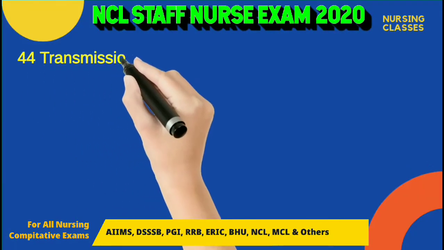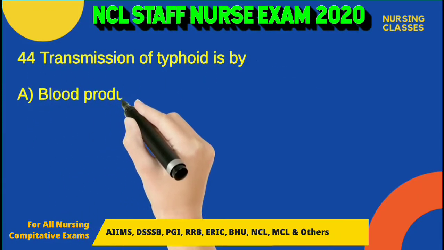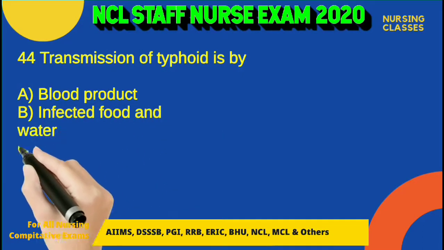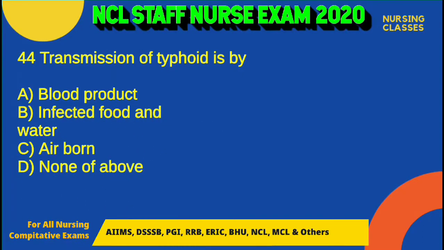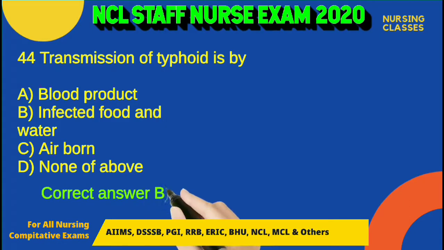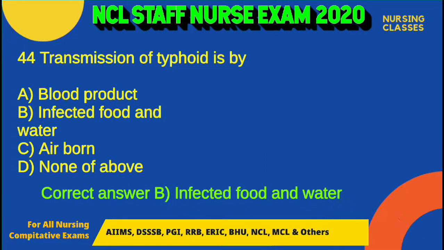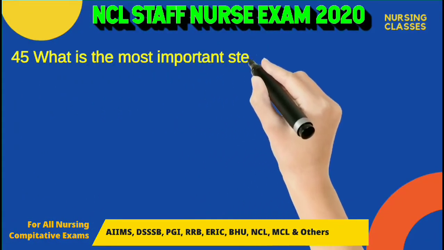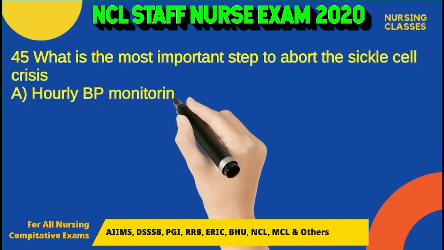44. Transmission of typhoid is by A. Blood product. B. Infected food and water. C. Airborne. D. None of above. Correct answer B. Infected food and water. 45. What is the most important step to abort the sickle cell crisis?